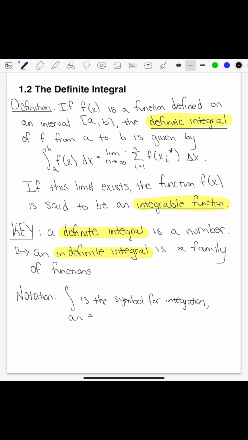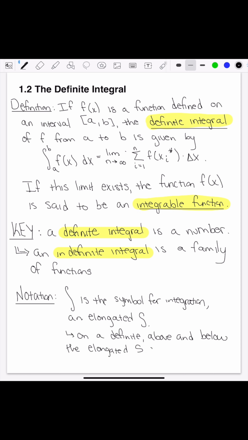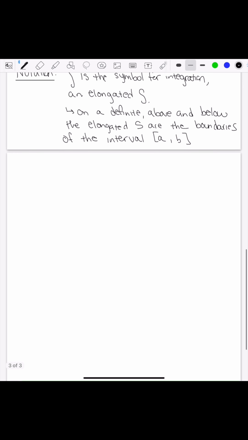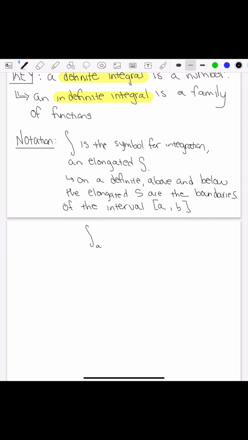That is an elongated S. And for definite integrals, above and below the elongated S are the boundaries of the interval a comma b. That's how I've been drawing them, like up here, where we have that a and b. So that is for a definite integral, and we would see it like this.